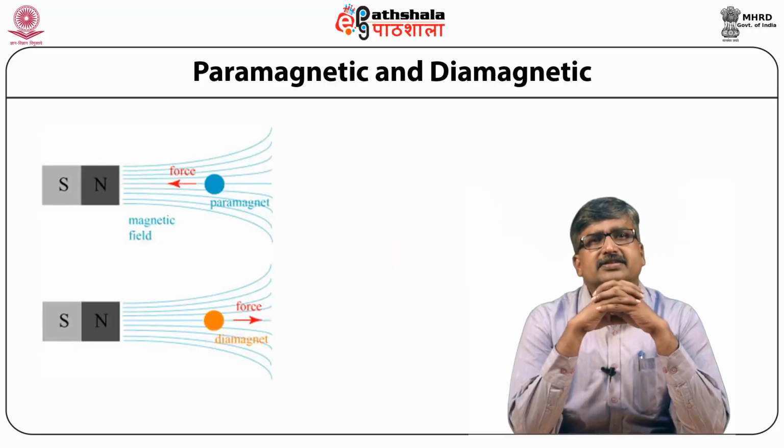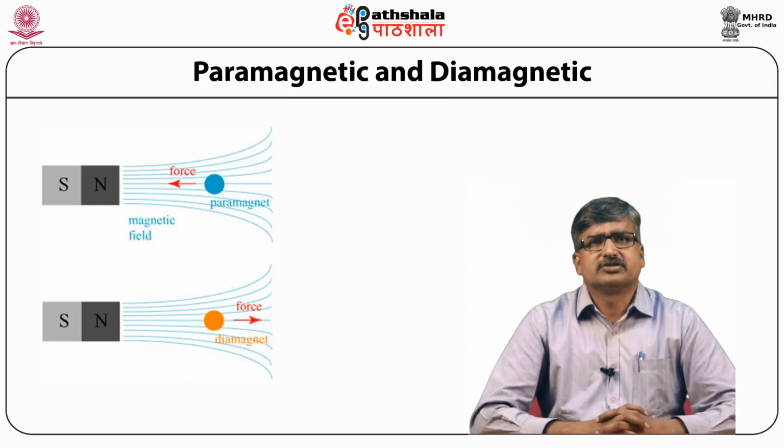Let us discuss paramagnetic and diamagnetic materials. Paramagnetism is observed in materials that contain atoms or ions with unpaired electrons, whereas paired electronic systems behave as diamagnetic.